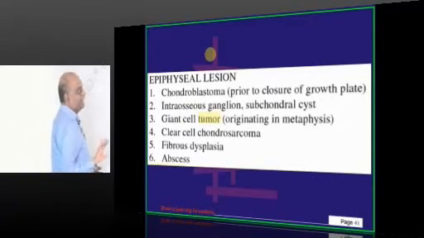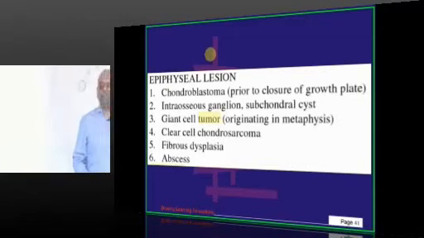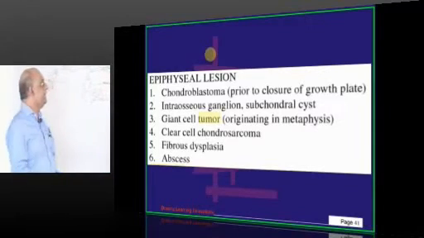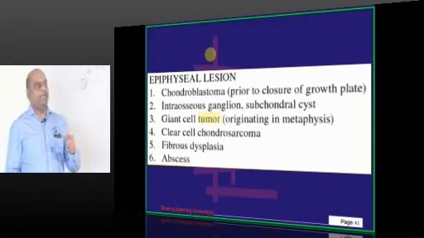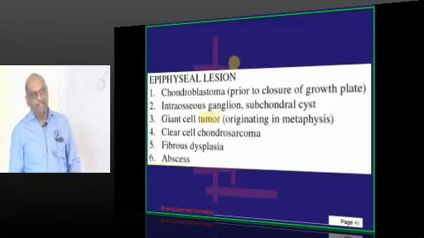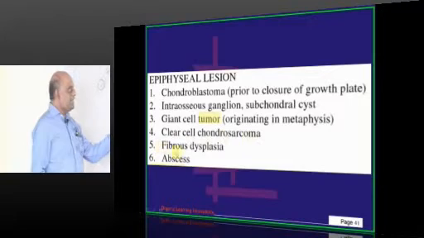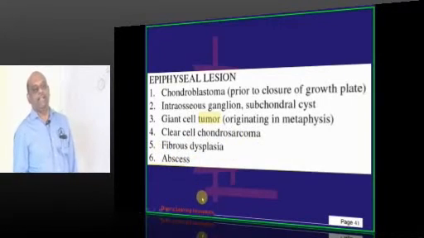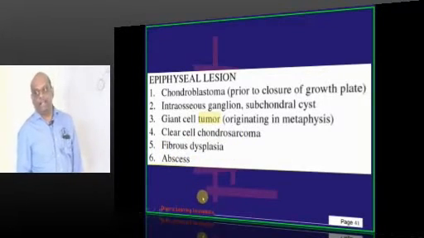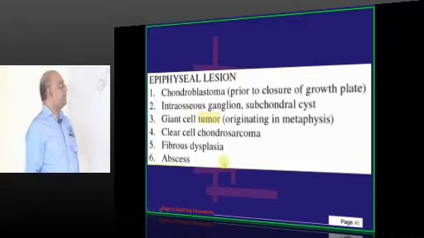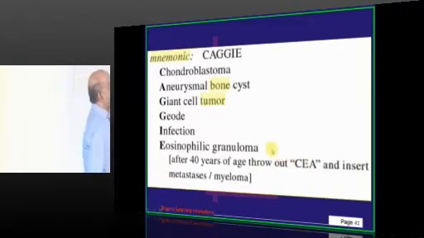So giant cell tumor originates in the metaphysis, but it is also metaphyso-epiphyseal in its location. Then clear cell chondrosarcoma, fibrous dysplasia. Fibrous dysplasia can occur in multiple locations. So these are all epiphyseal.